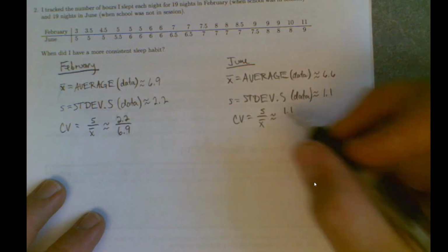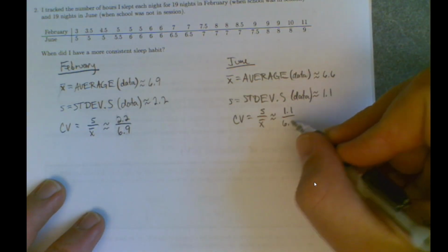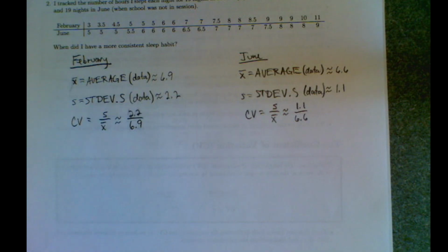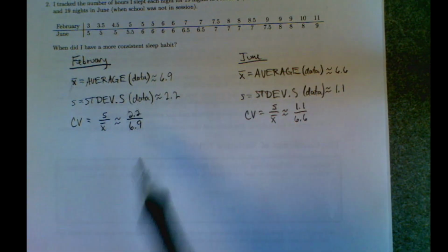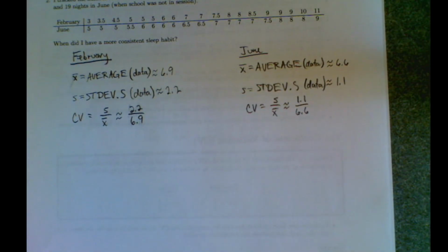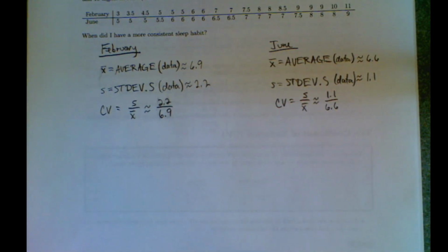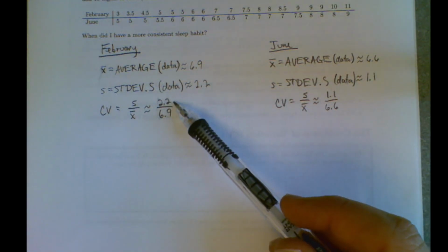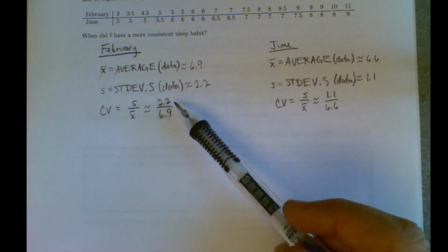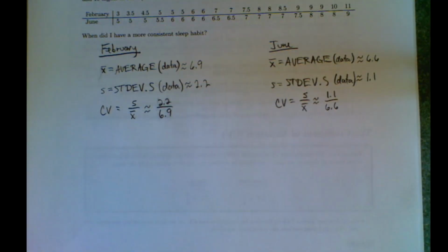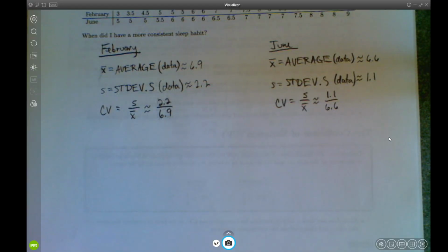Okay, and here it would be 1.1 divided by 6.6. Now at this point, you could plug these values into your calculator and see how much that is, or you could just use Excel. Excel might be a little bit better because Excel will store more digits, right? So instead of rounding to one decimal place, it'll have all of the decimal places in it, which would give you a more accurate answer.